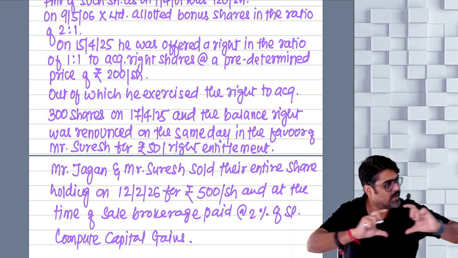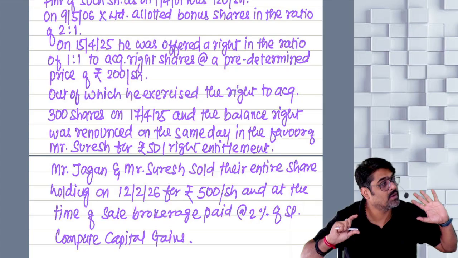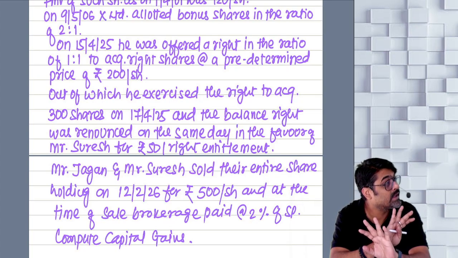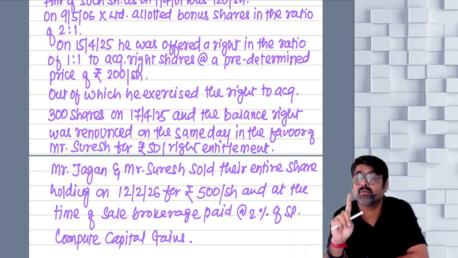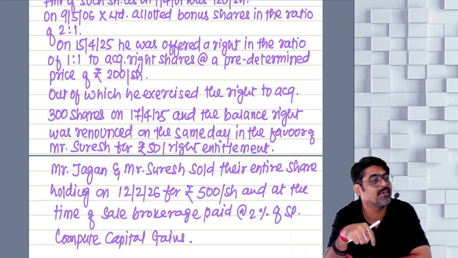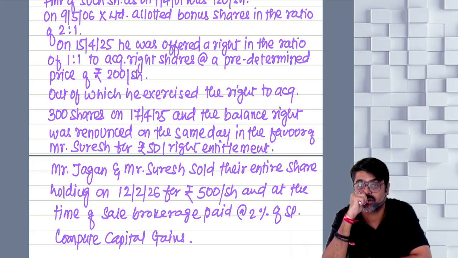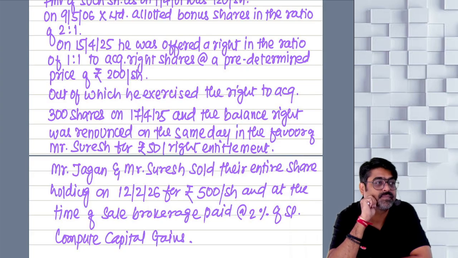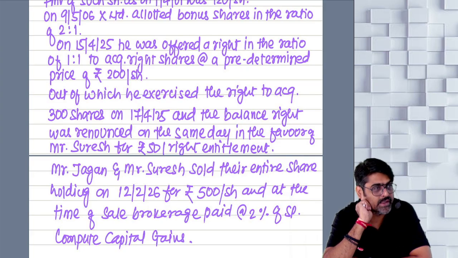This will be a certain number of days only, and will never be more than 24 months. So the right renounced will always be a short-term capital asset. Now, this right you renounced to whom? Suresh. For how much?